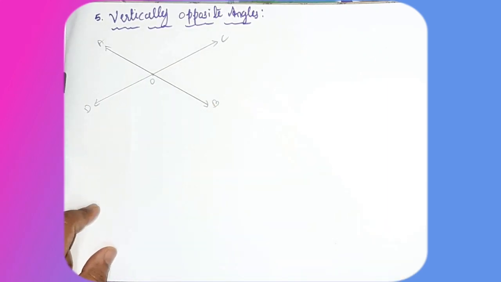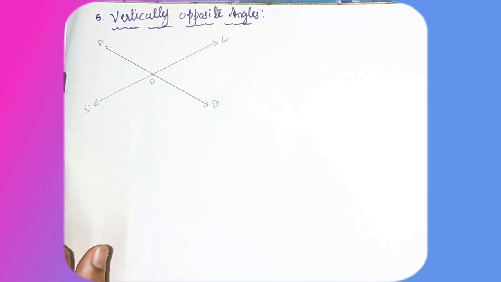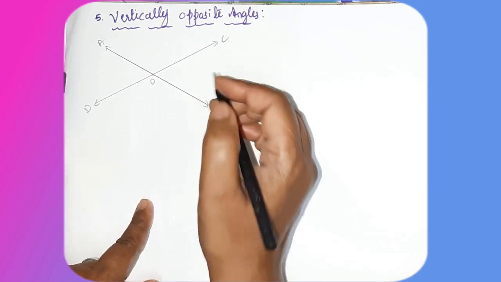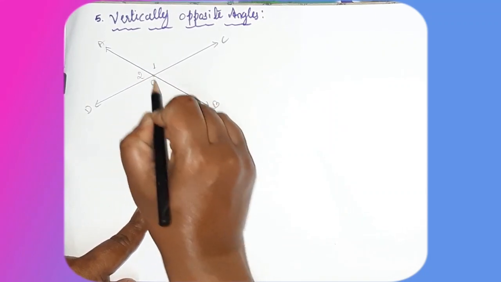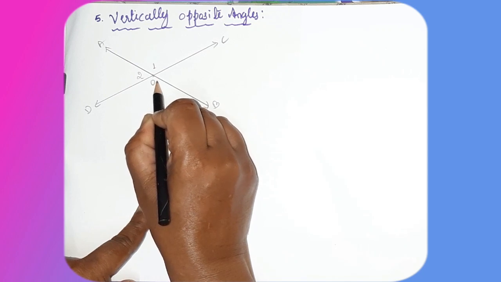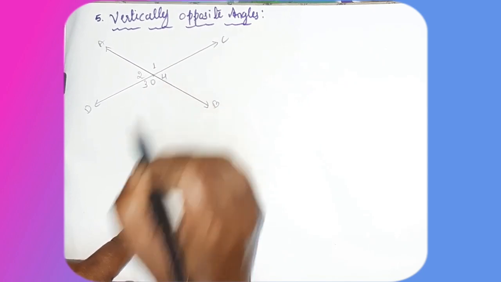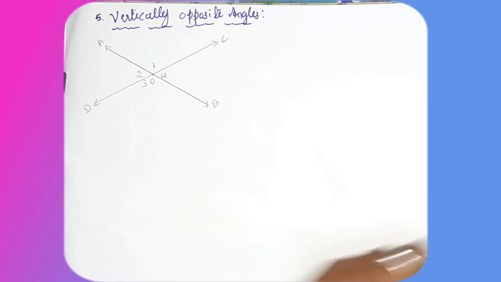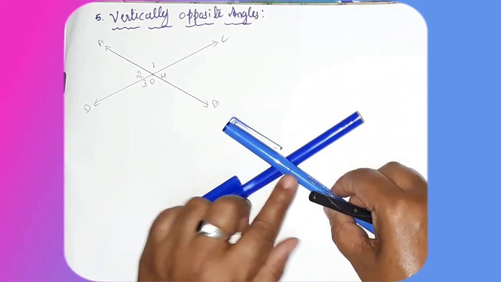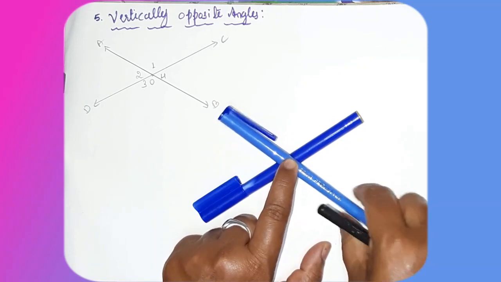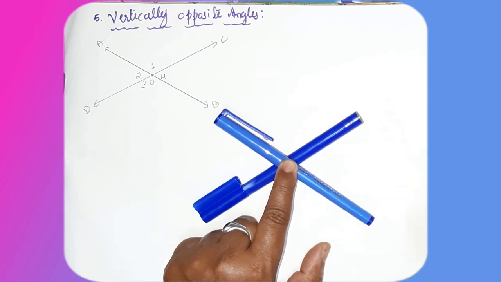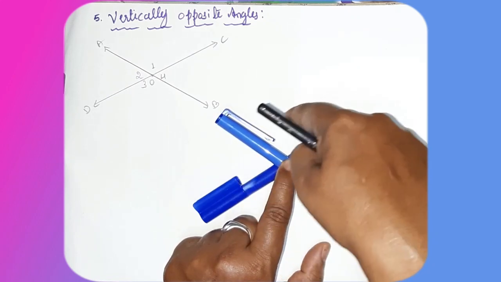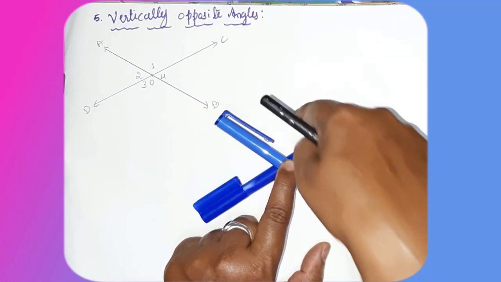We can say like this: when two lines intersect, the vertically opposite angles so formed are equal. Now see here, when these two lines intersect, there is formation of four angles: 1, 2, 3, 4.